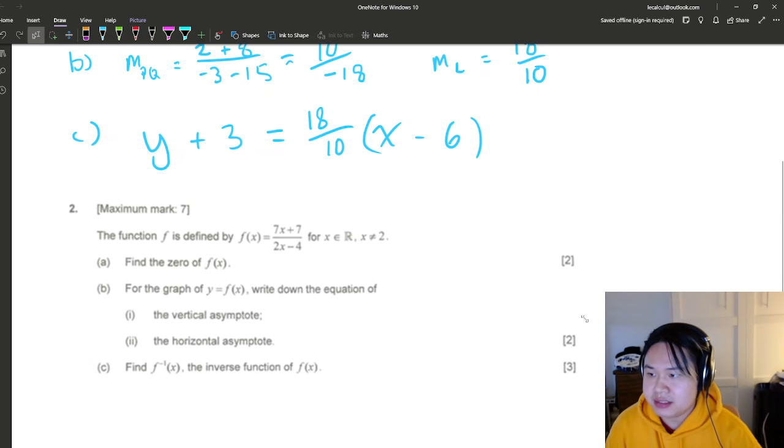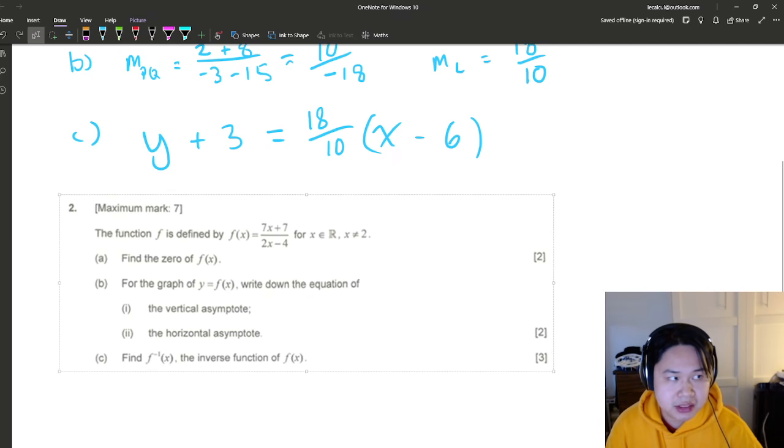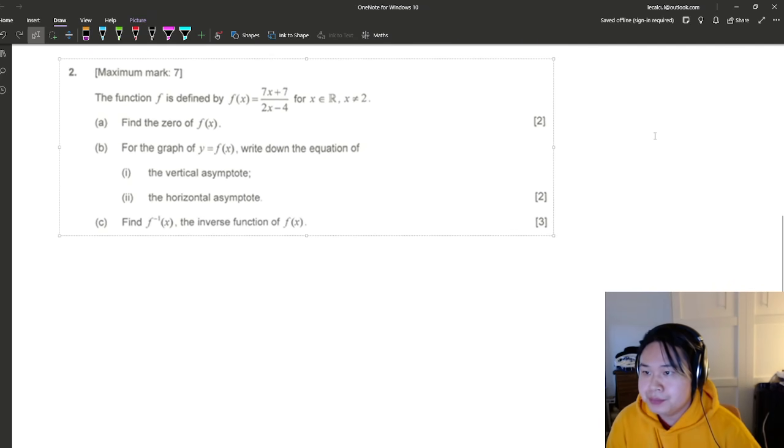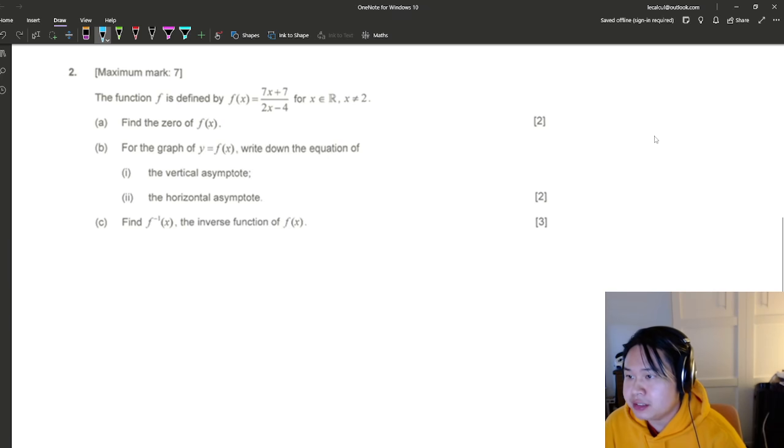And then here's the next one, number 2. This looks pretty straightforward too. We have a rational equation. We need to find the zero. So in other words, we want to find out when the function is going to be 0.